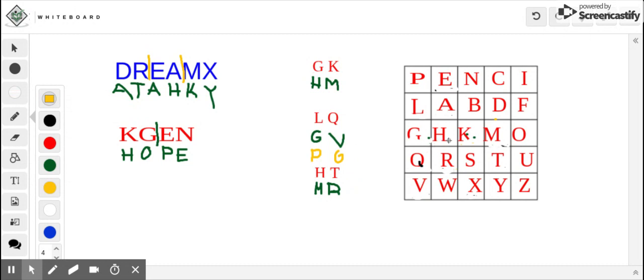So now we have H and T. So before, let's go back to encrypting. We had MR when we encrypted HT. So let's say we were trying to decrypt MR actually. We're just going to do the opposite. So it just comes back to HT. This doesn't really change.